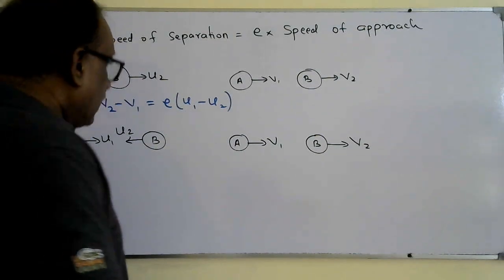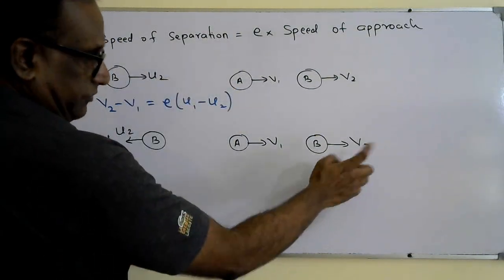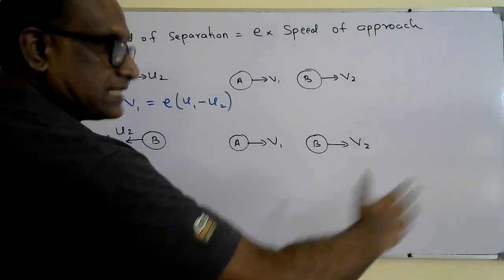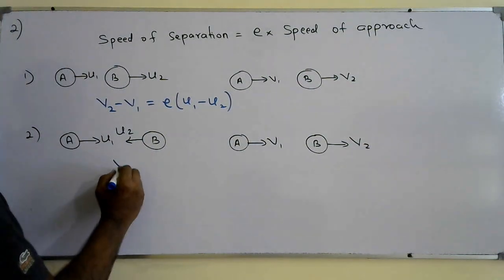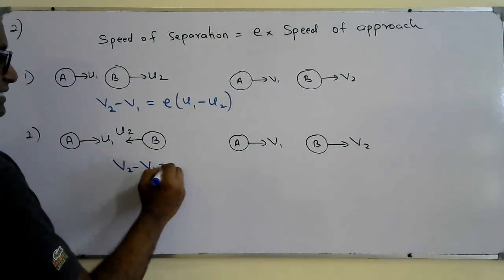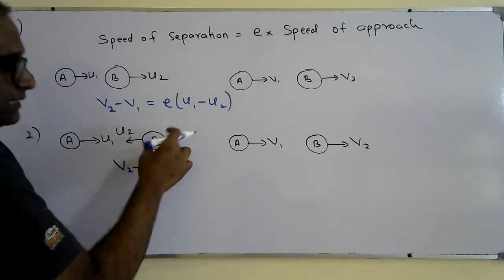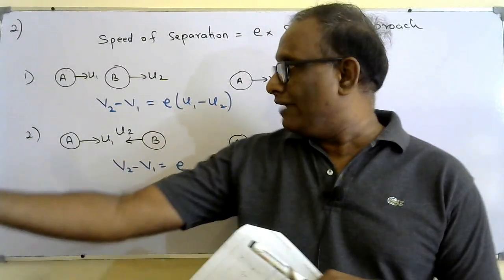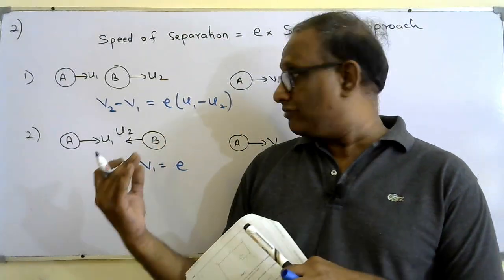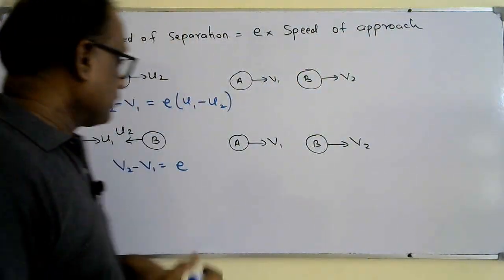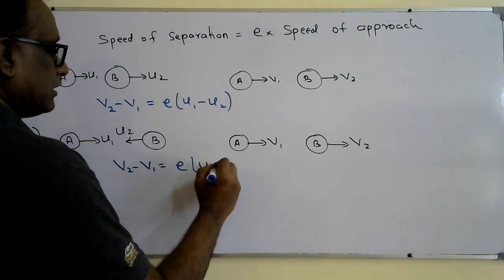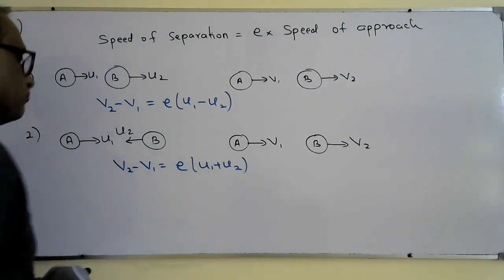So for the speed of separation, v2 must be greater than v1, then only they'll separate. So v2 minus v1 is equal to E times speed of approach. Imagine B is at rest, A will approach B relatively at u1 plus u2. E times u1 plus u2.